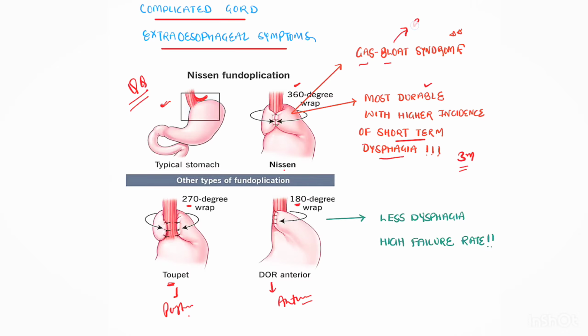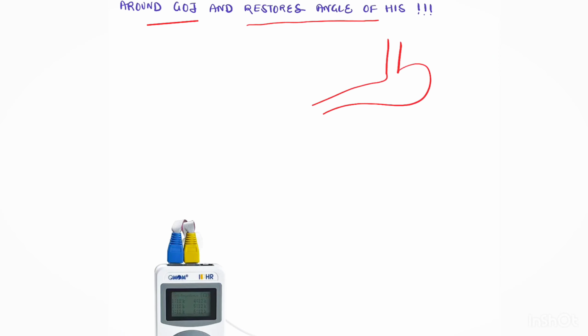The patient will complain of bloating and flatulence. So this is the gas bloat syndrome. And partial fundoplication includes Toupet and Dor. There is less dysphagia, but there is a high rate of failure. So these are the advantages and disadvantages of these surgeries.